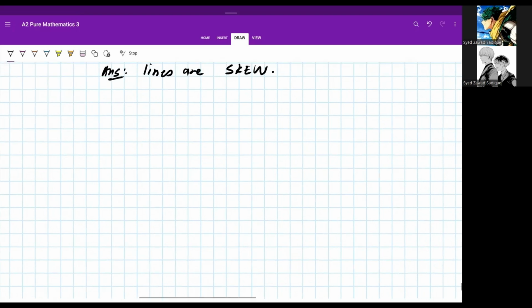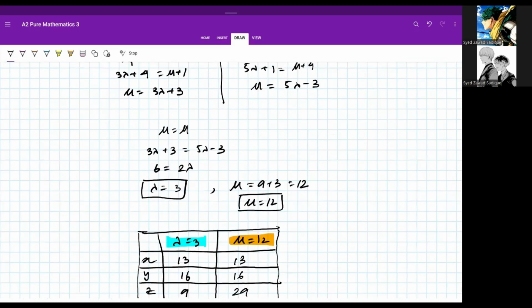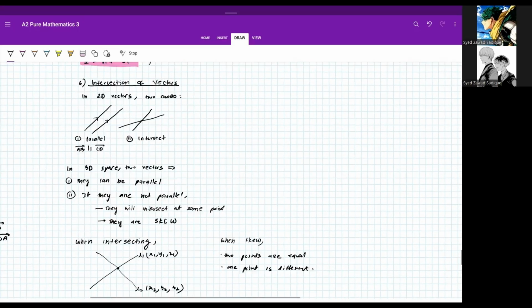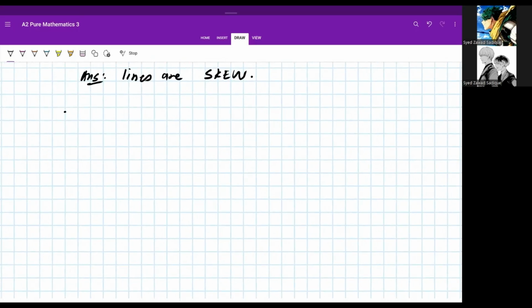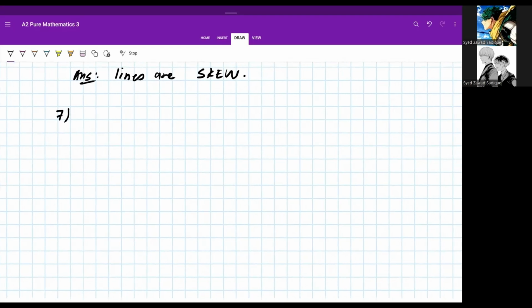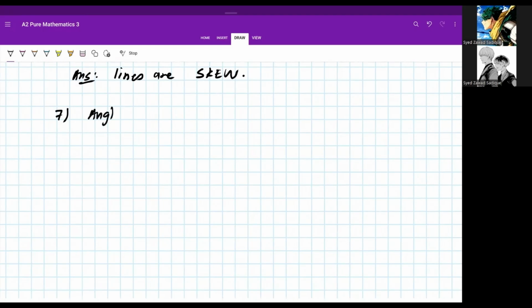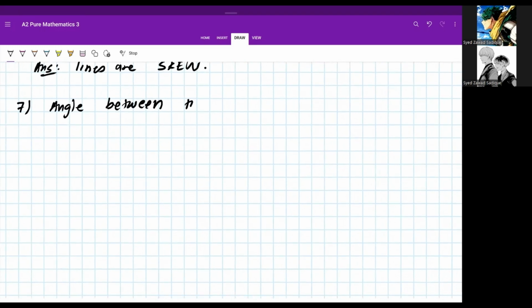This was number 6, right? Number 7. What is the angle between two straight lines or tangents?